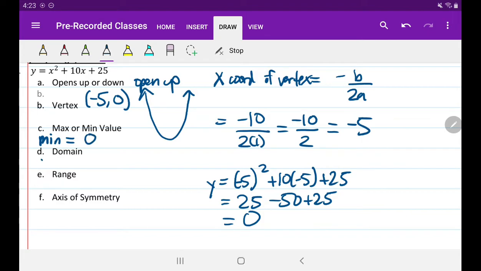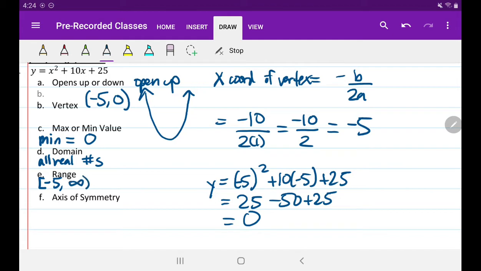The domain for every parabola is all real numbers. And then the range, well, it depends on whether or not we open up or down. So for this one, we open up. So our range is going to start at our min value, which is negative 5. So we'll have a bracket, negative 5, and then it'll go up to positive infinity.